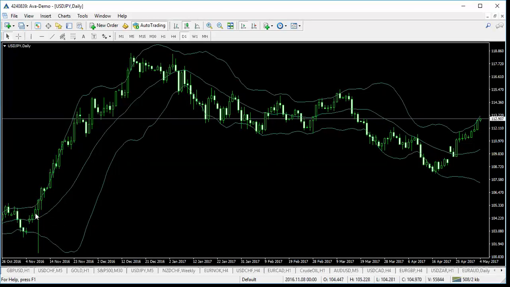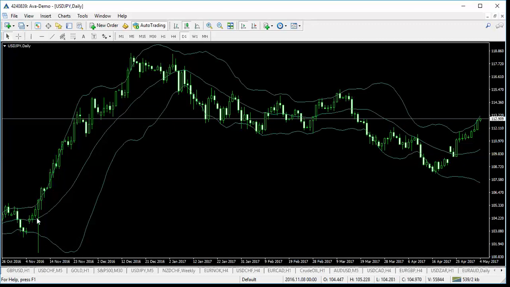Then the second part of the strategy, which would be the signal, is we're looking for a candle to close either outside the bottom band, which would be bearish, or close outside the top band, which would be bullish. So looking down here, this candle poked outside the bottom band, but however didn't close outside the band.